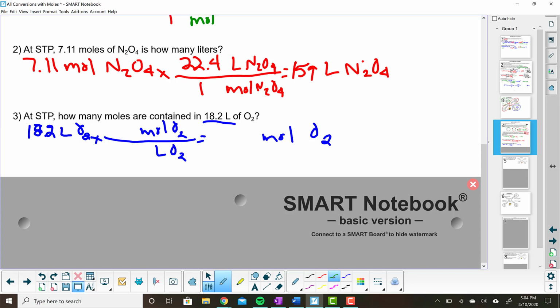You just have to keep the number with its units. So that 22.4 has to stay with the liters. There are 22.4 liters of a gas in every 1 mole. So this is not a multiplication problem, it's a division problem. 8.2 divided by 22.4 gives me, with sig figs, 0.813 moles of oxygen gas.